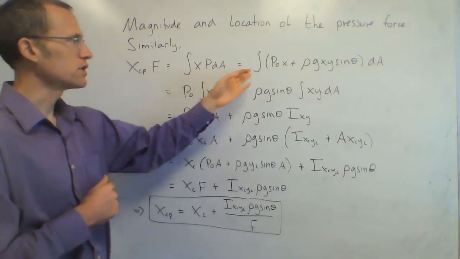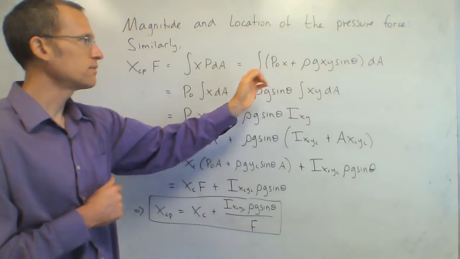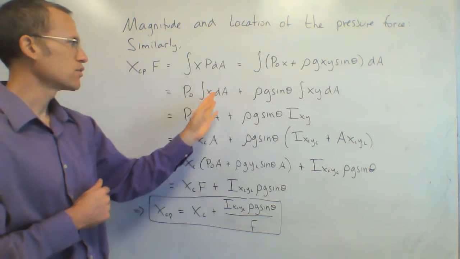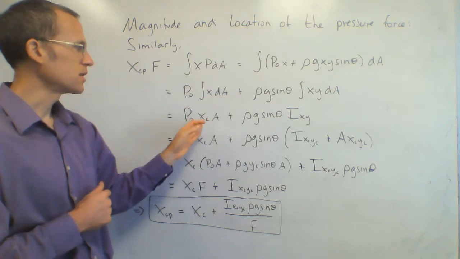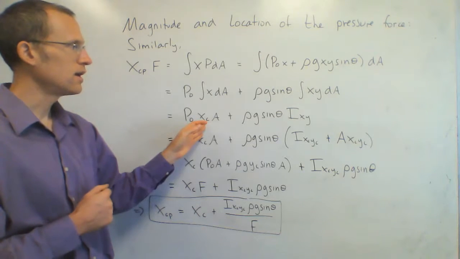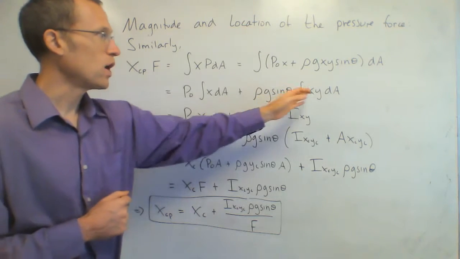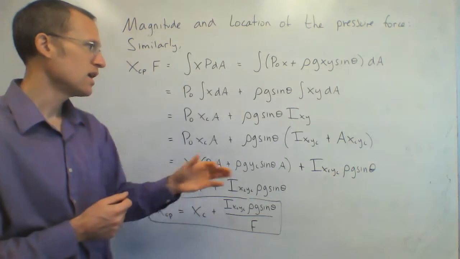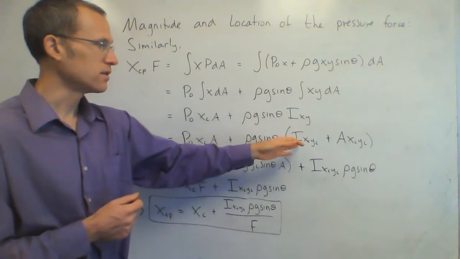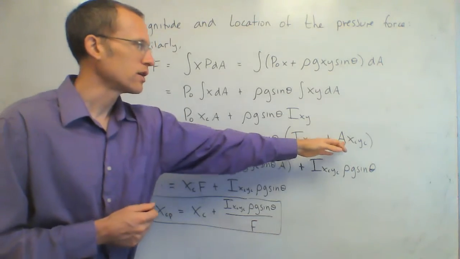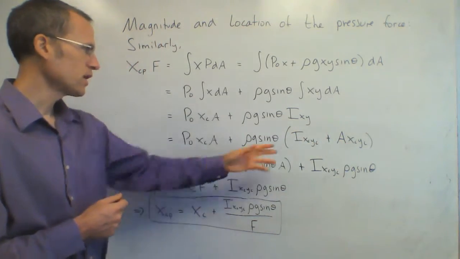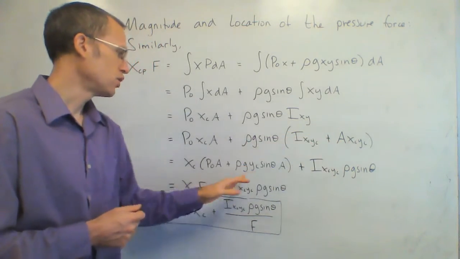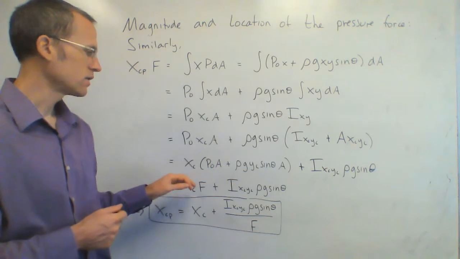So pressure is P0 plus rho g y sine theta. Now multiply by x's, separate them out. I have x dA, which becomes my centroid x coordinate, and xy dA, which becomes the moment of inertia, Ixy. Again, parallel axis theorem, turn that into Ixcyc, then have an area xc and yc. The second term I can pull out into a force times xc.